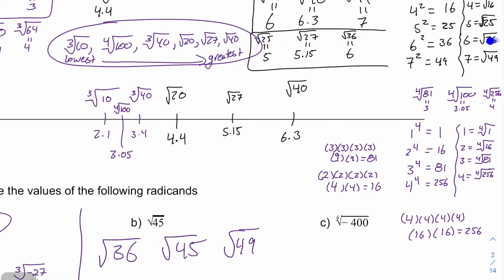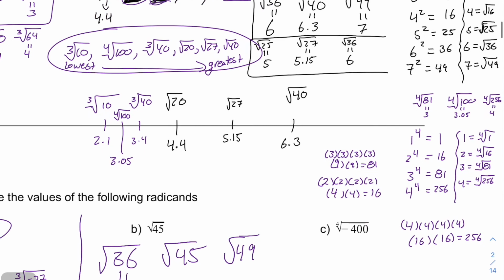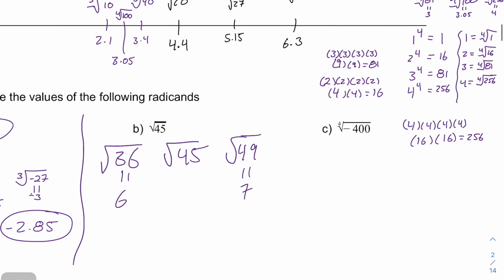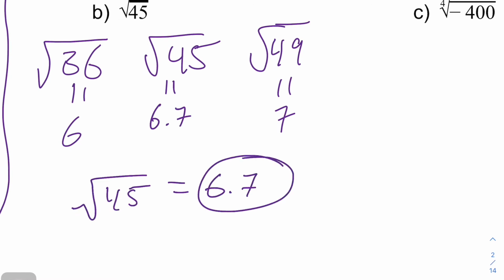Because now I know that the root of 36 is 6. I also know that the root of 49 is 7. Look how much closer 45 is to 49 than to 36. So I'm going to estimate that to be roughly 6.7. Okay, it's kind of close to half, but not quite. So the root of 45, I'm going to estimate to be 6.7.